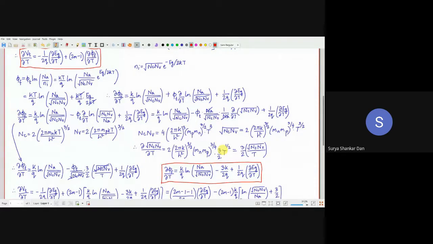Okay, now the reason why I am kind of patiently doing all this is because the results are fabulous. So the whole relation essentially boils down to finding out this derivation. Okay, so del T of root over NcNv.